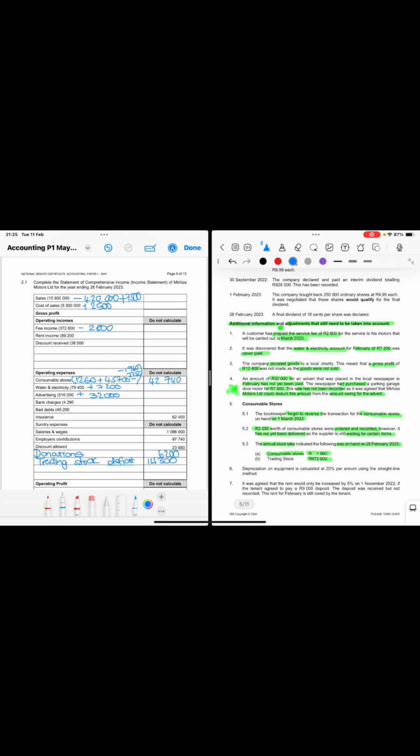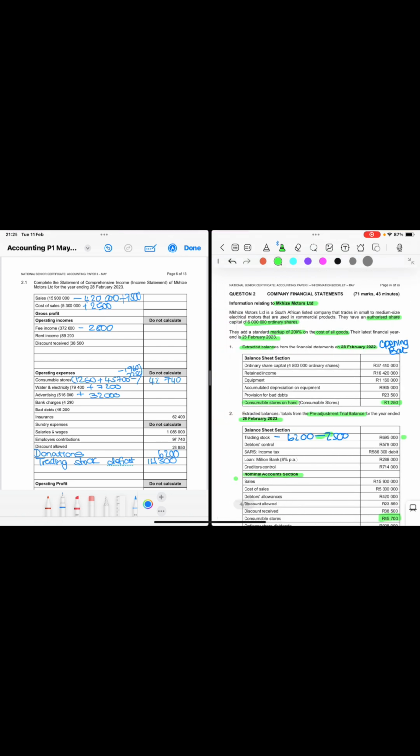Alright, then we continue. Depreciation on equipment is calculated at 20% per annum using the straight line method. Okay, so let's look at our equipment. We have equipment of 1,160,000 and our accumulated depreciation is at 935,000.